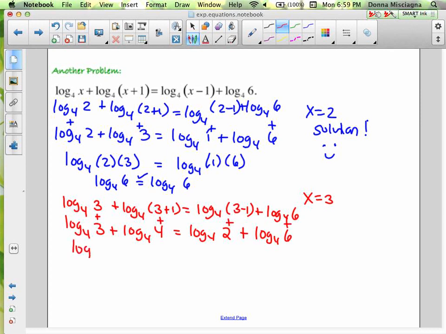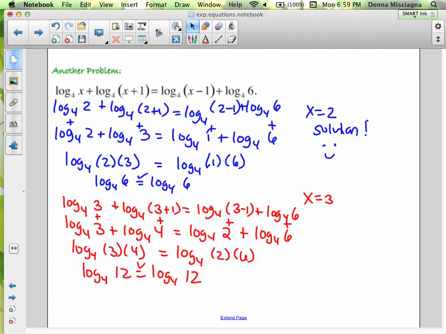So we have log base 4 of 3 times 4 equals log base 4 of 2 times 6. And log base 4 of 12 does equal log base 4 of 12. And that's a real number. It's an irrational number, but it's a real number. And so that one checks out perfectly fine.